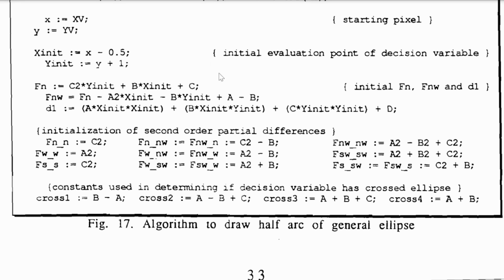Now, there's another problem here that's a little bit more serious, and that is the x init value here. You can see it is not an integer. It's a half integer, and it actually matters. So I really don't want to work with half integers. So my solution is going to be to multiply x init through by 2 so that it's 2x minus 1, and that'll be an integer value.